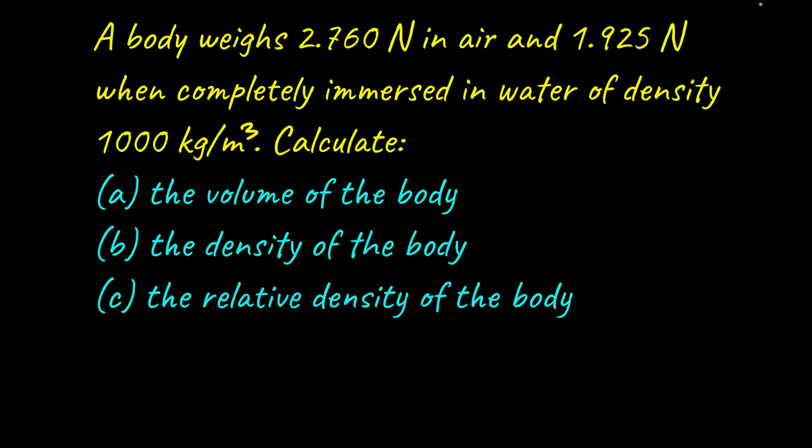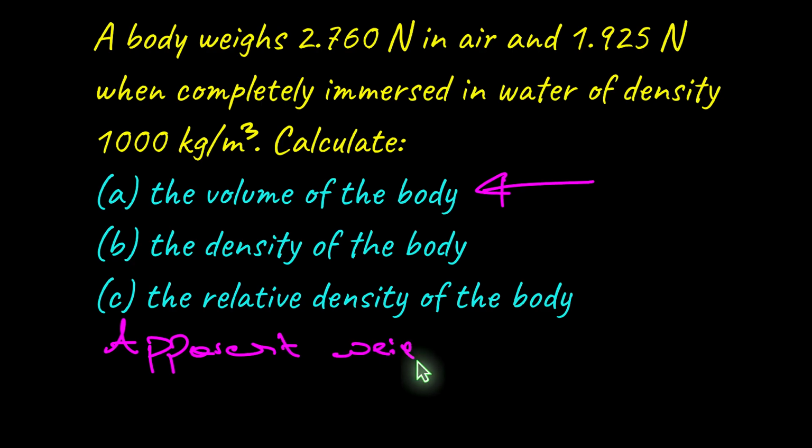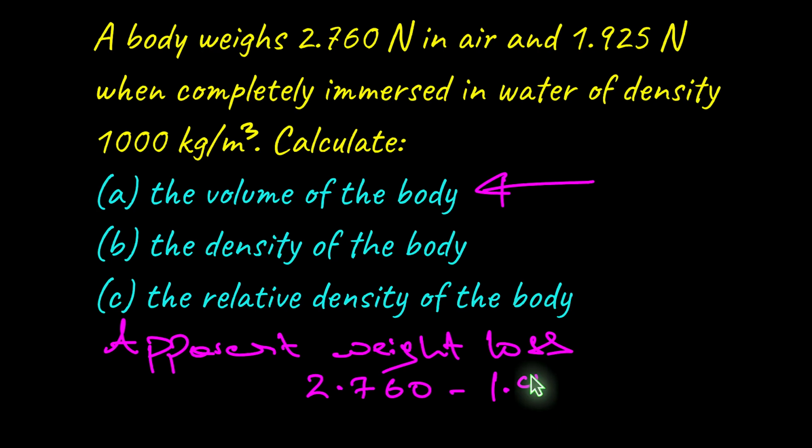And the first thing that we're going to look at is part A, the volume of the body. To do this, we're first going to assess what the apparent loss of weight is. So let's say weight loss, and what that is. So it's 2.760 newtons minus 1.925 newtons.